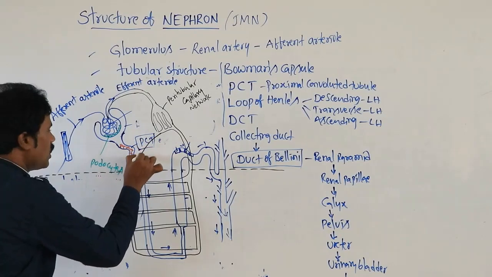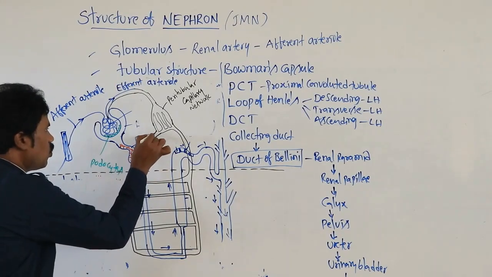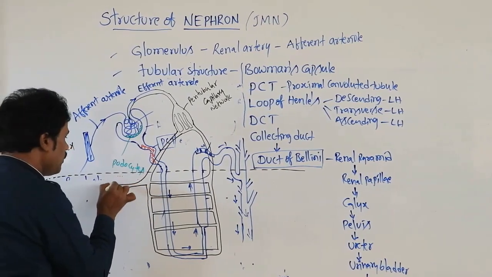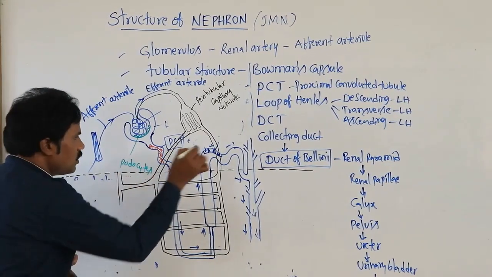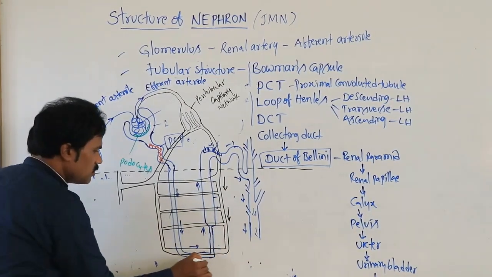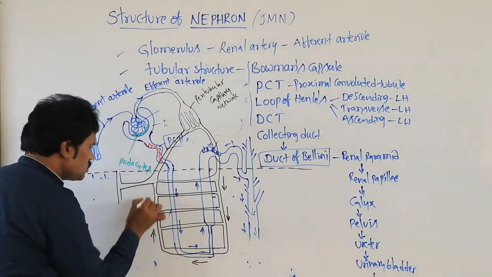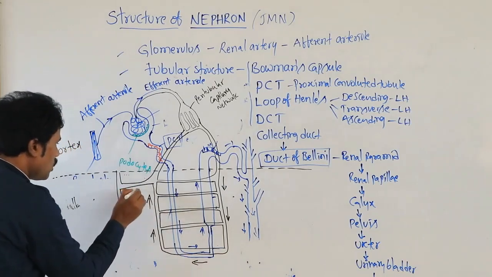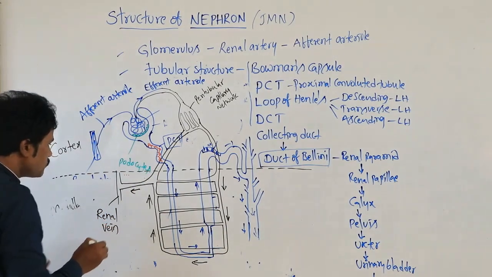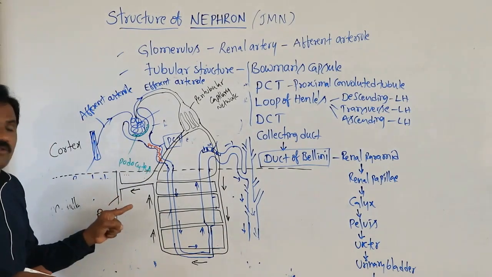Then one more blood vessel forms here in this direction. This is the descending, this is the transverse, this is the ascending. Then towards this direction, we call this the renal vein.